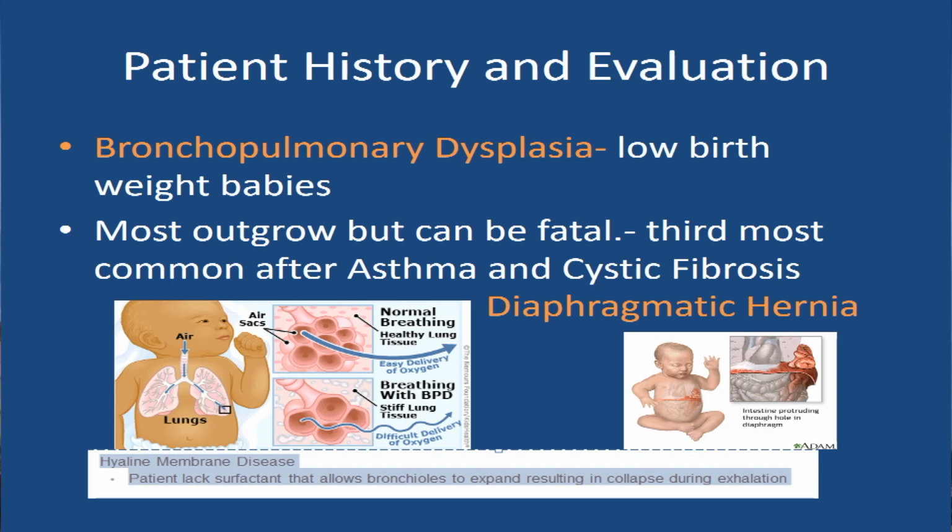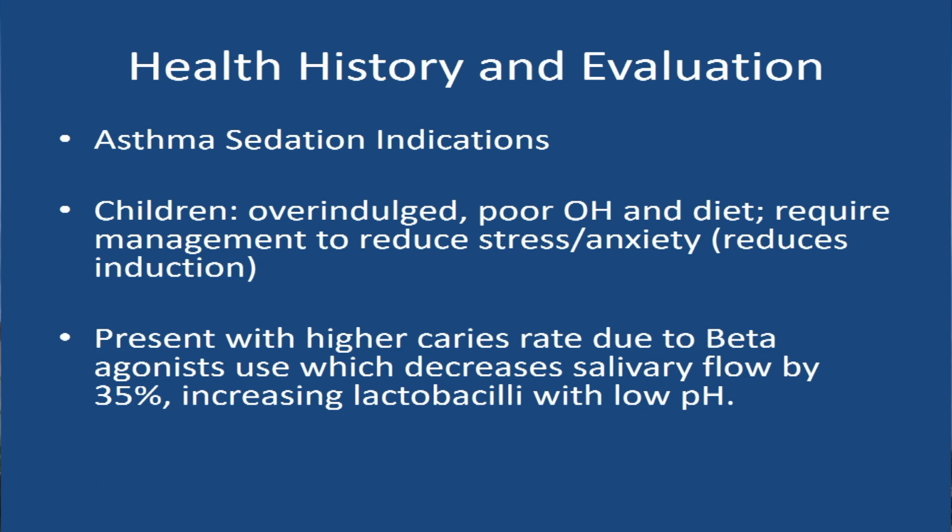So with those 2 conditions, bronchopulmonary dysplasia from low birth weight babies, which they must outgrow, and diaphragmatic hernia, the latter is an important one to see because it interferes with the proper motions and function of the diaphragm.